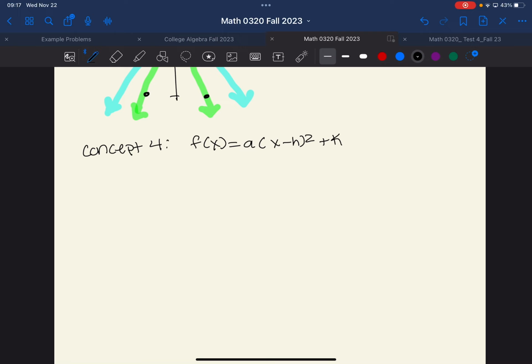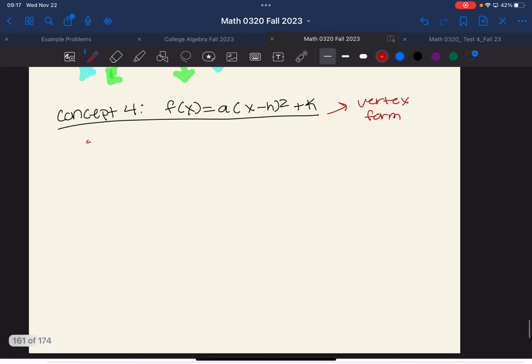Okay. This form is called vertex form. The reason it's called vertex form is because from this equation, we can find the vertex without doing any math. Because the vertex, in this case, is always going to be h, k.